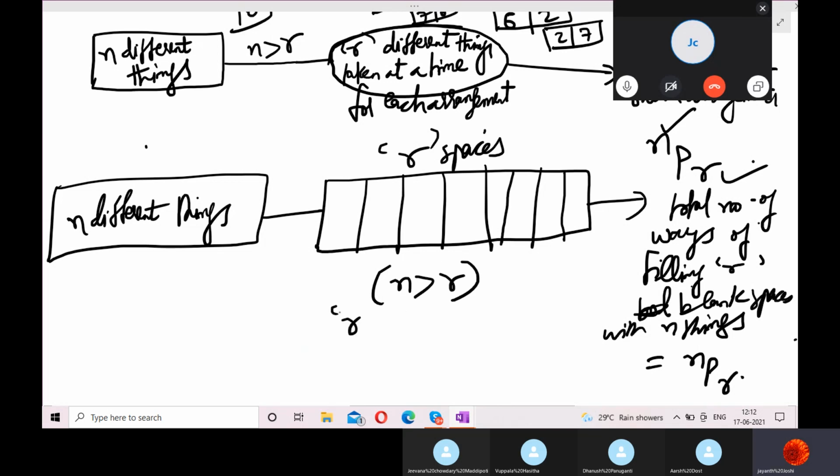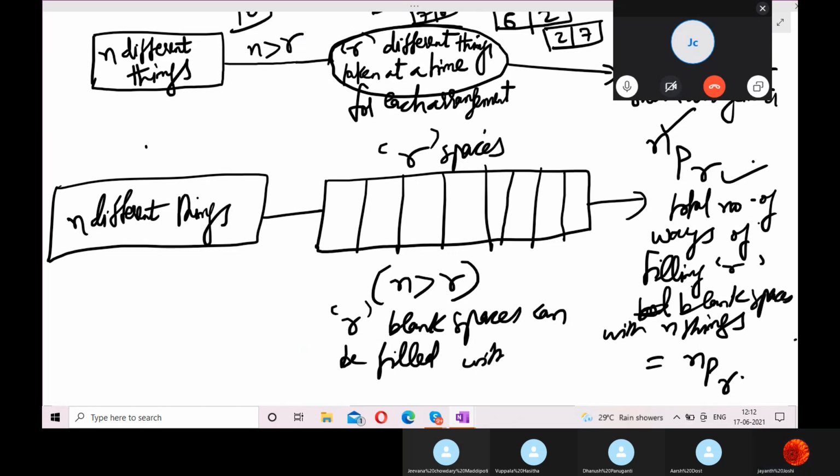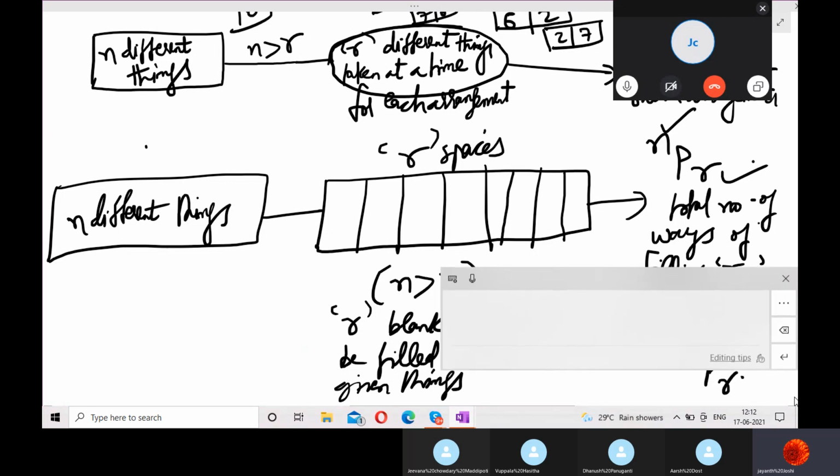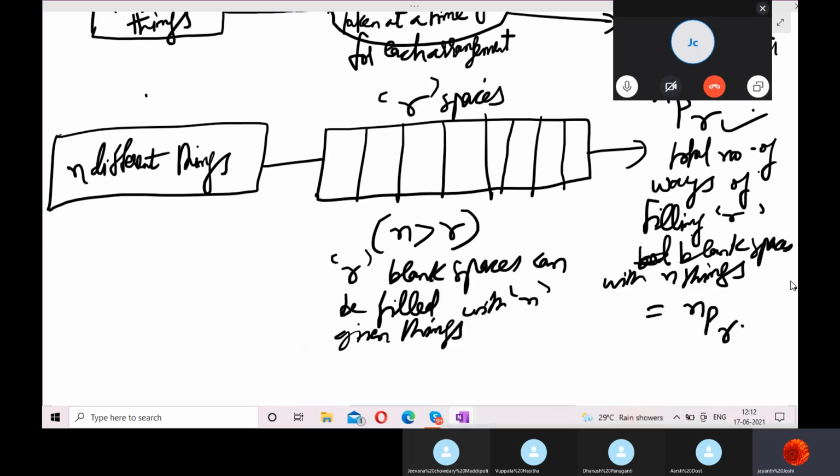So r blank spaces, all of you make a note of this, can be filled with n given things. Nothing should be repeated in this arrangement. The arrangement should be made in such a way that no repetition happens.